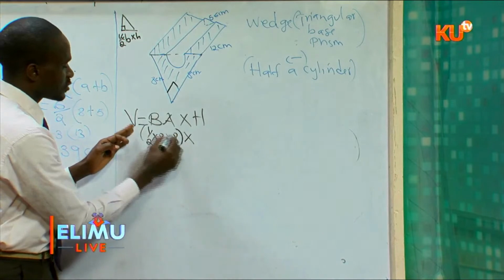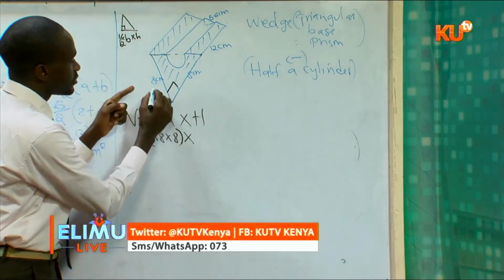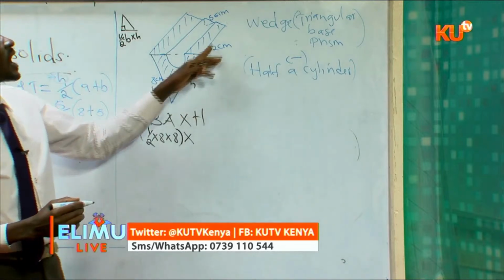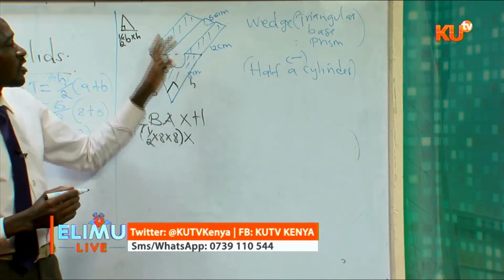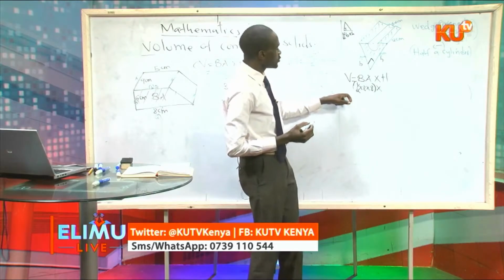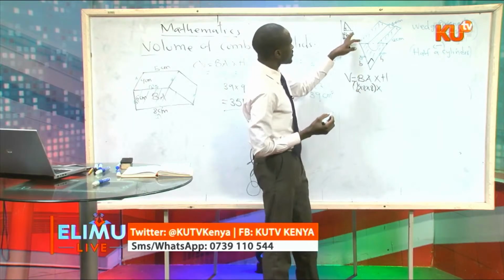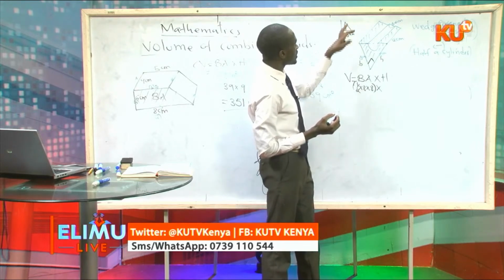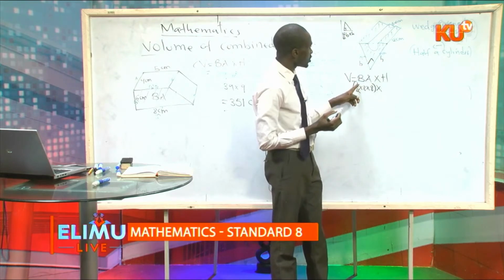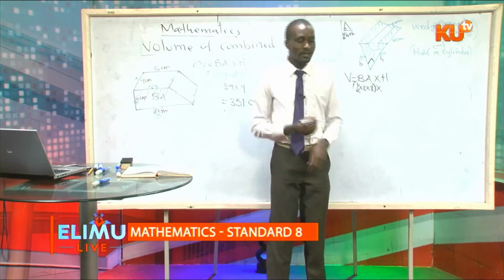The reason why I've decided to circle this one is so that you don't confuse the height of the base area and the height or length of the figure. So go do it one by one. That's why we have even drawn this one, so that you can see that we are dealing with a triangle. So a triangle is half times base times height.